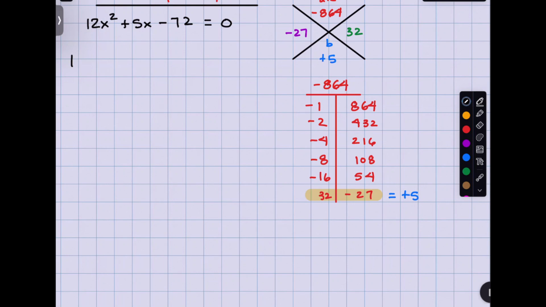Where do those two numbers go? Negative 364 goes first. No. This is what we're looking for in step 1. Those two numbers. Where did those two numbers go? Go back to last notes. Keep on going.